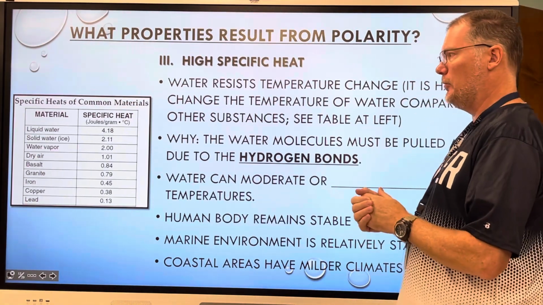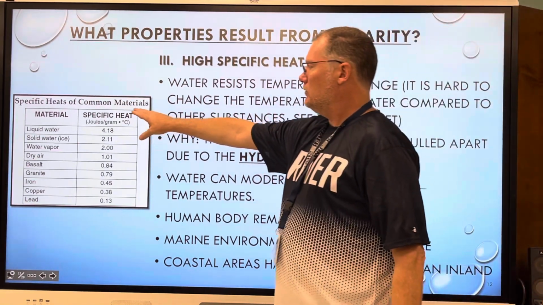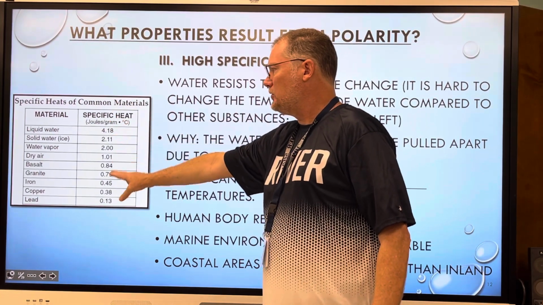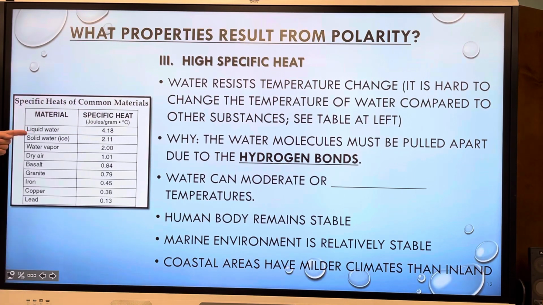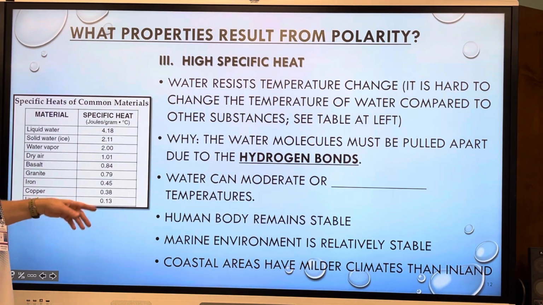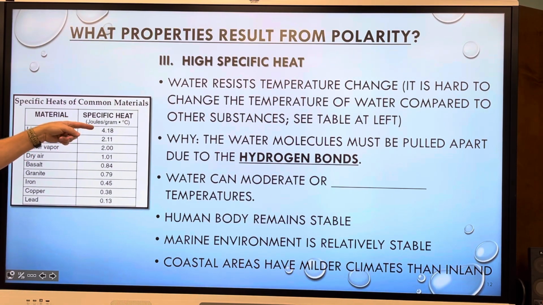So here's a list of some common specific heats of some materials that you are familiar with, like water and rocks. This is just basalt and granite or rocks. Maybe you have granite countertops at home. Iron is a metal. Copper and lead are also metals. And you can see water, liquid water, has the highest specific heat of any of these.